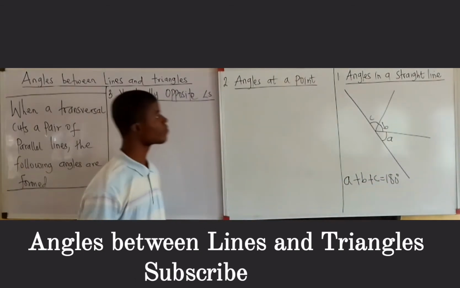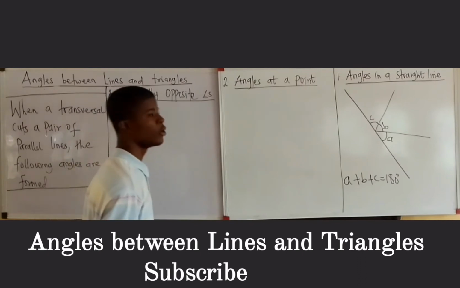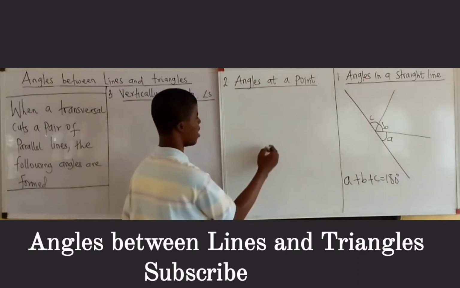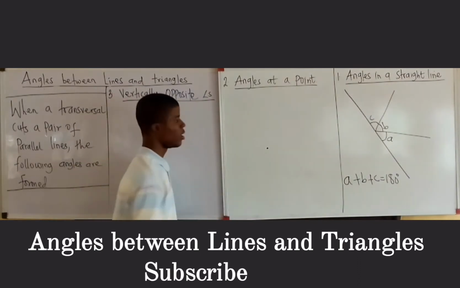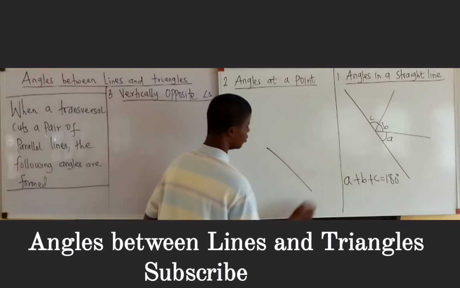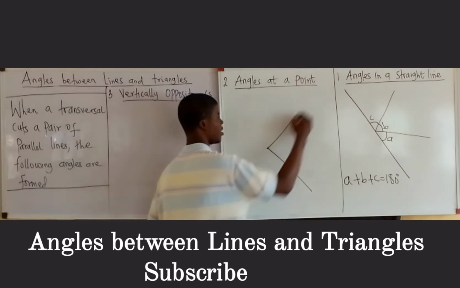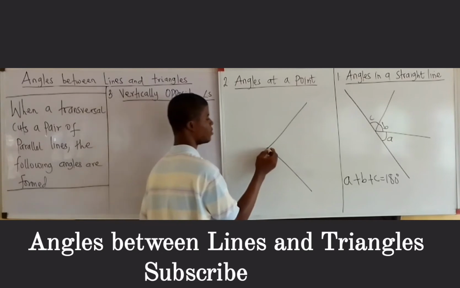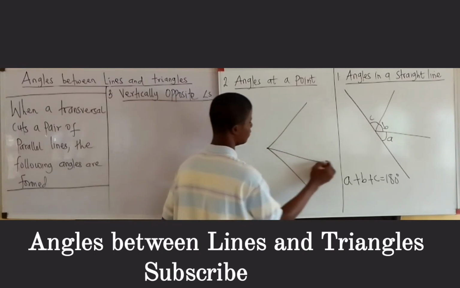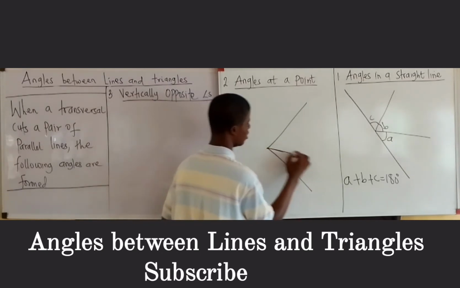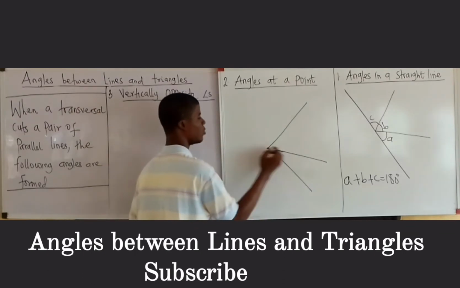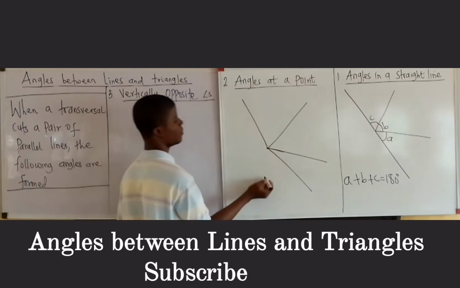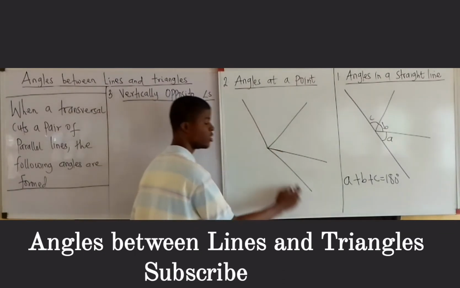The second one, angles at a point. I have a point, for example, and from this point I draw a line. From this same point, I take another line, and another straight line, and another one. Mind you, this is not a straight line.